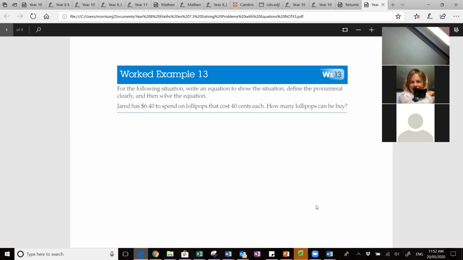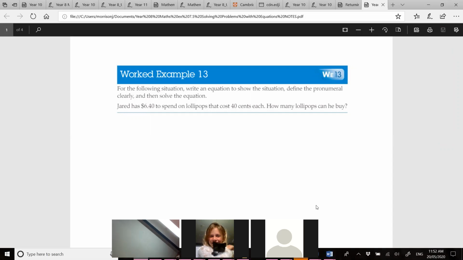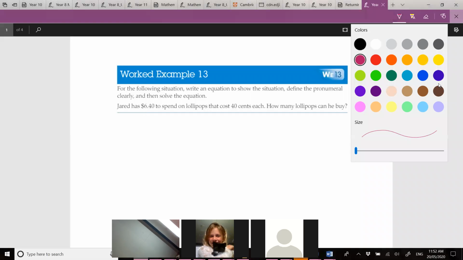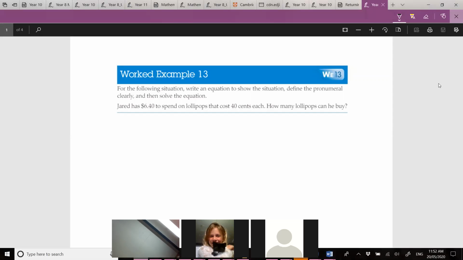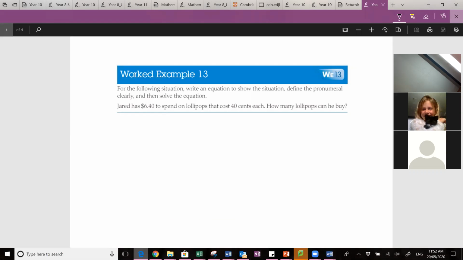So Jared has $6.40 to spend on lollipops that cost 40 cents each. How many lollipops can he buy? So there's a few different things we have to do here. To start off with, there's an issue here.